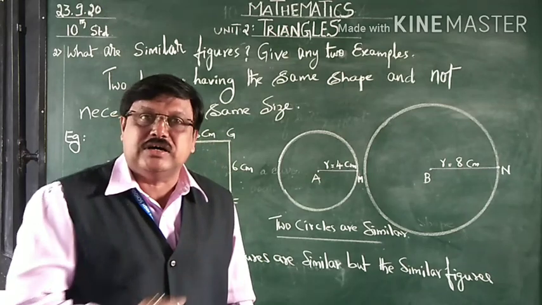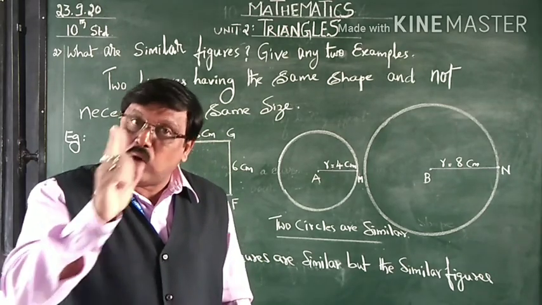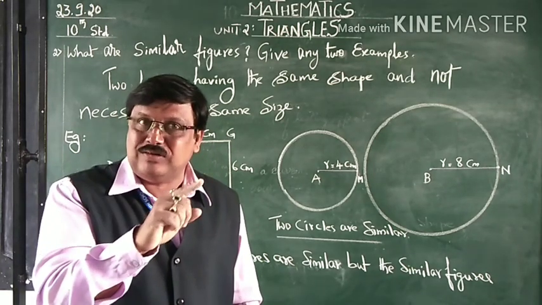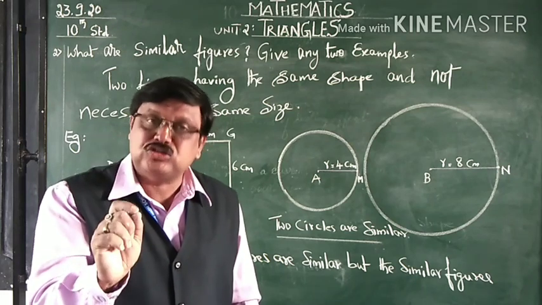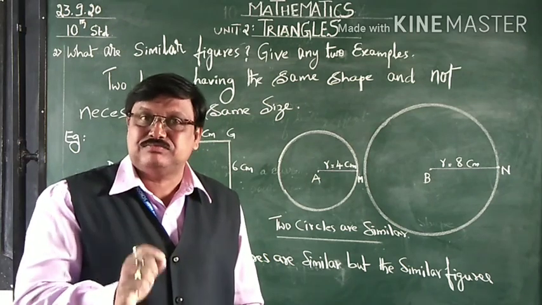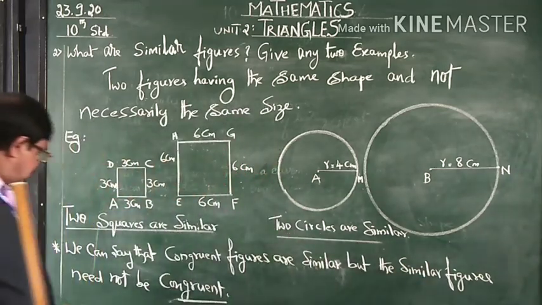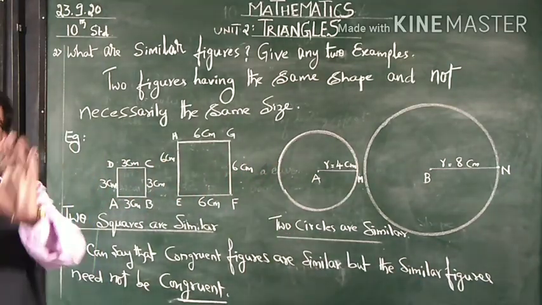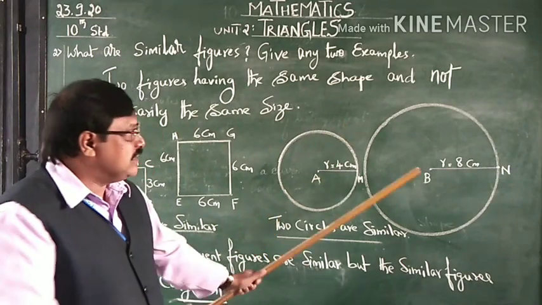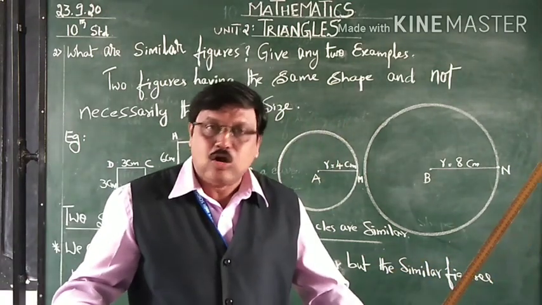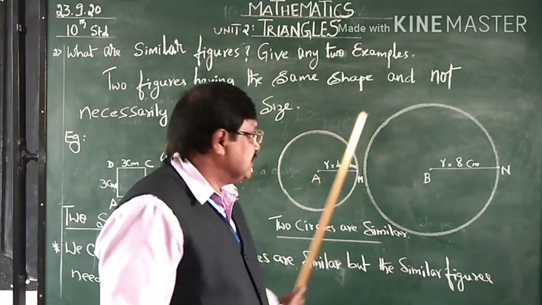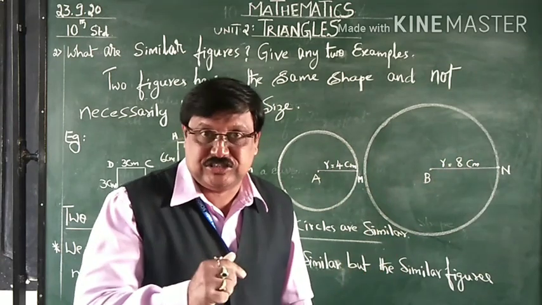The ratio of the sides is 1 because they are also equal. So they are also similar figures. But the similar figures need not be congruent. Similar figures cannot be congruent because the size differs.